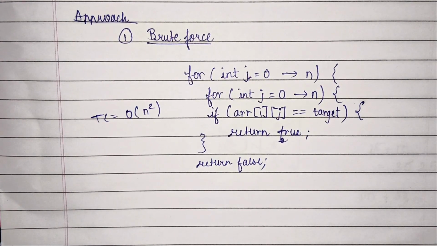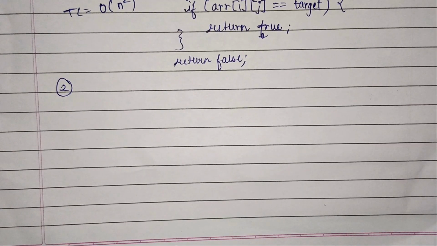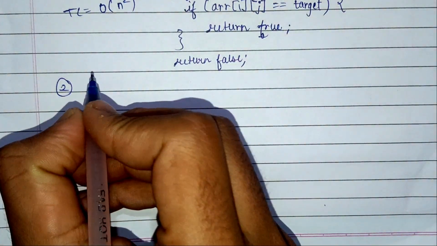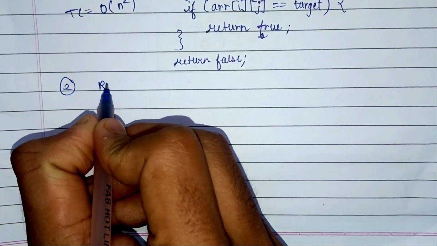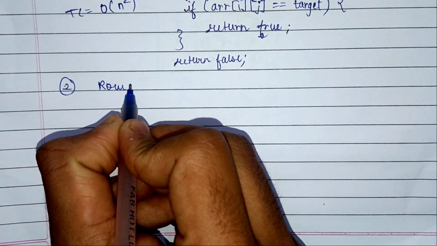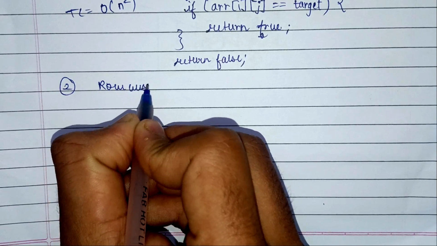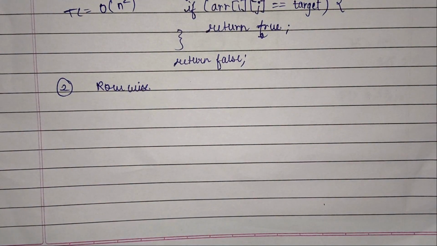So we need to find an optimized approach for finding the key in the 2D matrix. Let's think about the second approach. It can be row wise, since it is sorted row wise.